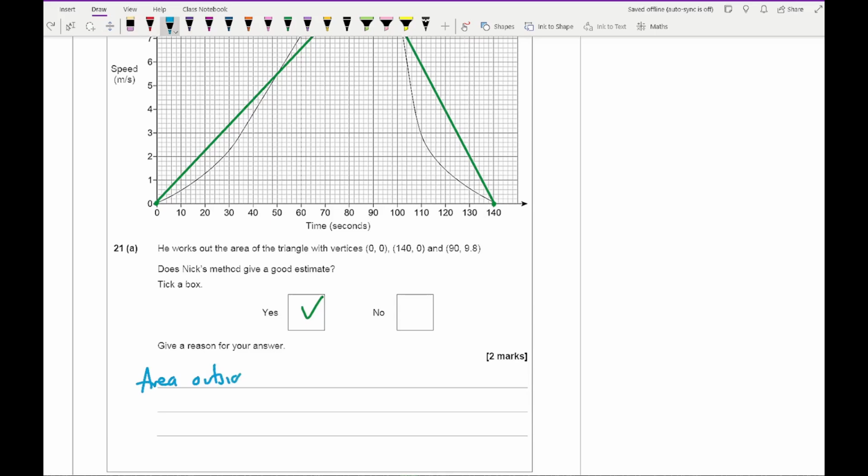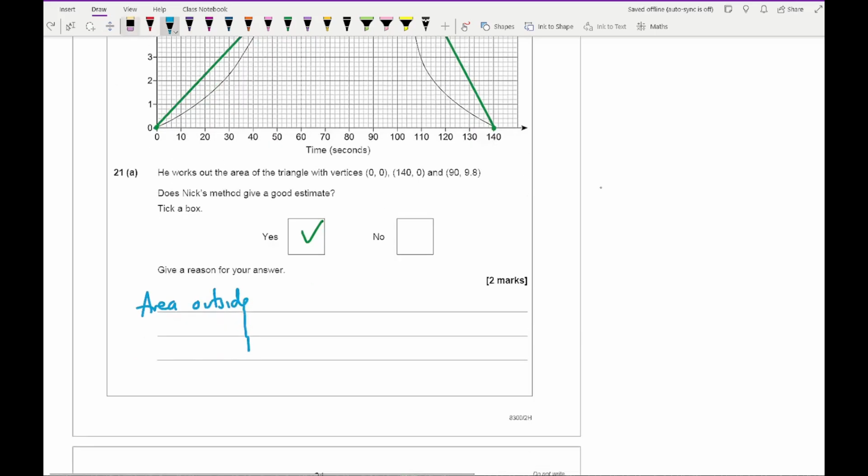outside the triangle is approximately the area under the triangle.